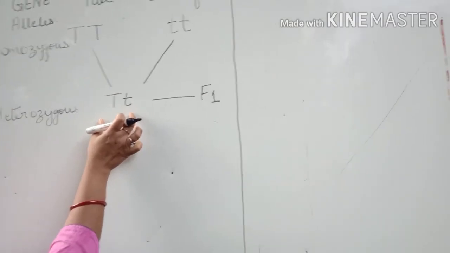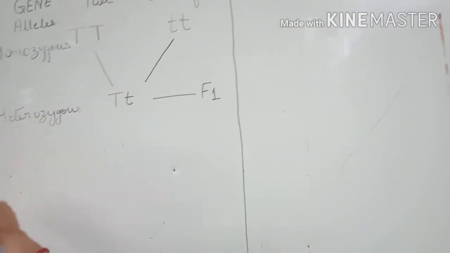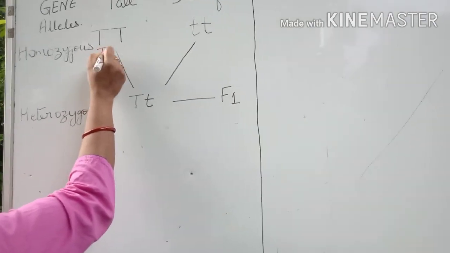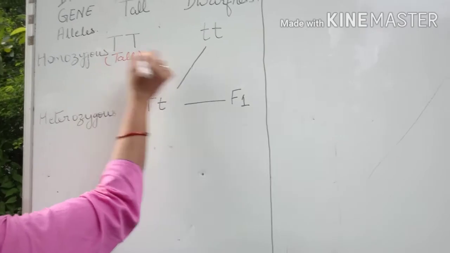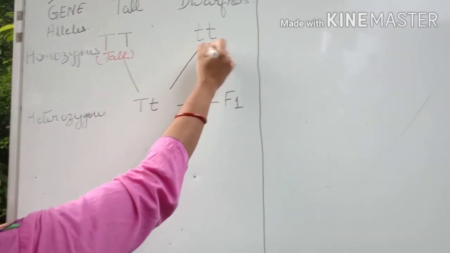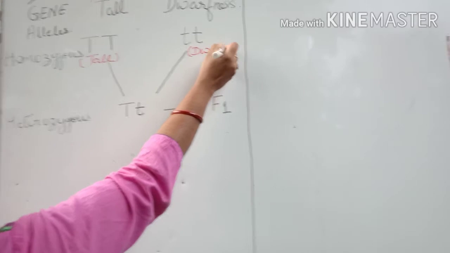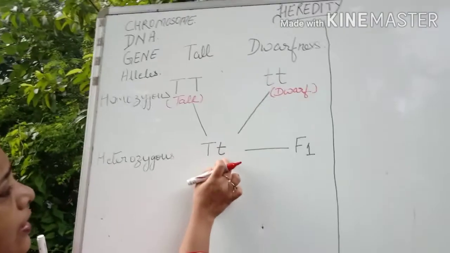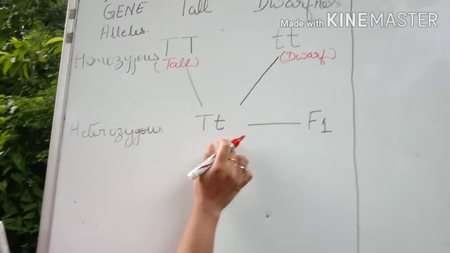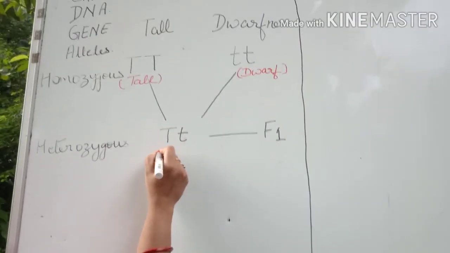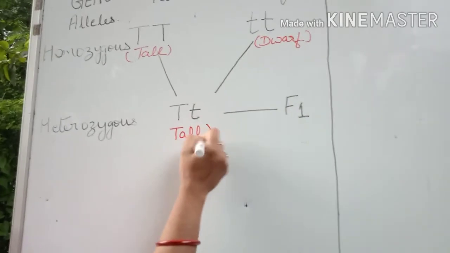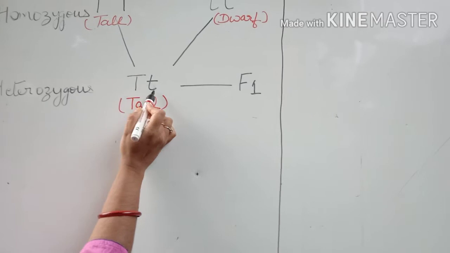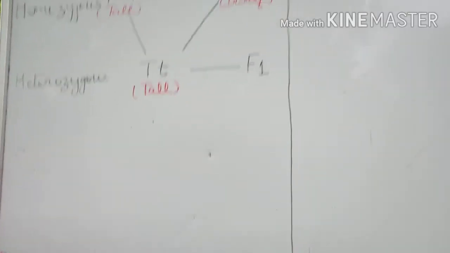But what was observed? The plant here, by seeing this you can know that the plant is tall. Here it is that the plant is dwarf. In the first generation, this character is found in the alleles. Again the plant was tall only, not dwarf, though their genetic combination was capital and small t.